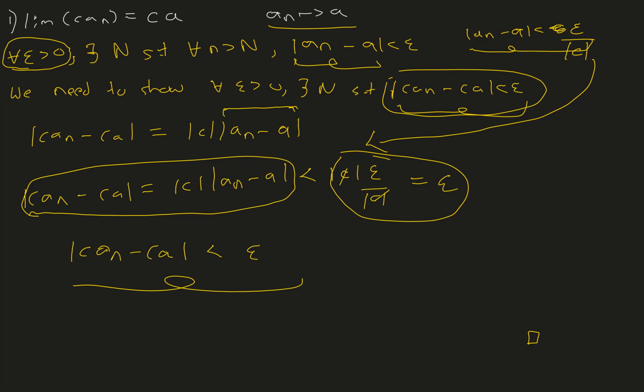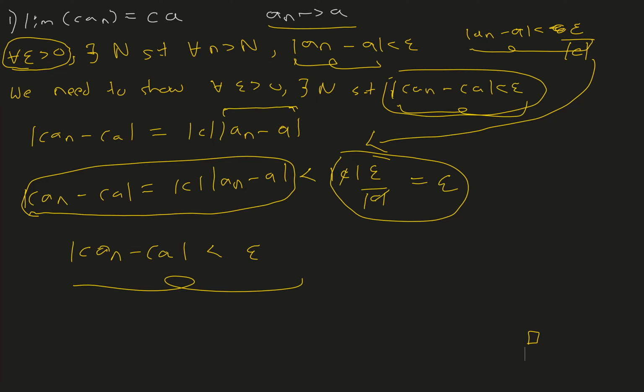Before we continue, I want to say that it is a good idea to take an inventory of what we want to make less than epsilon, and what we're given can be made small for suitable choices of n. For this previous proof, we wanted to make can minus ca less than epsilon, and we were given an minus a is less than anything we like, because since it's guaranteed to converge to a, we can make it less than anything we like.